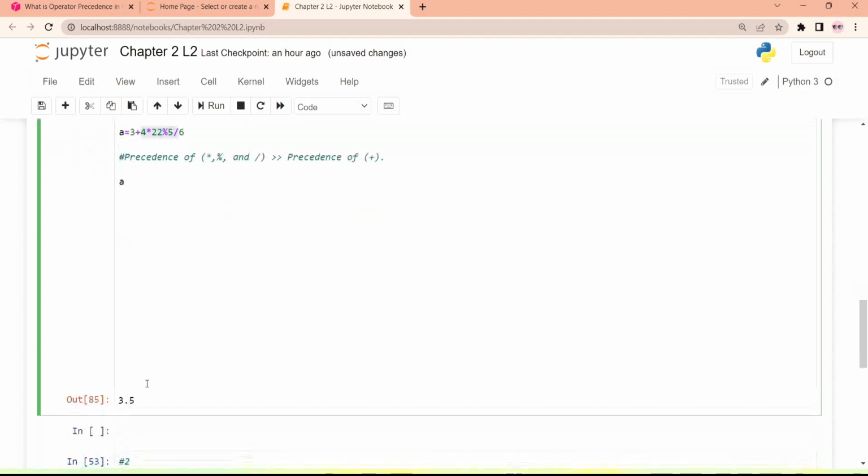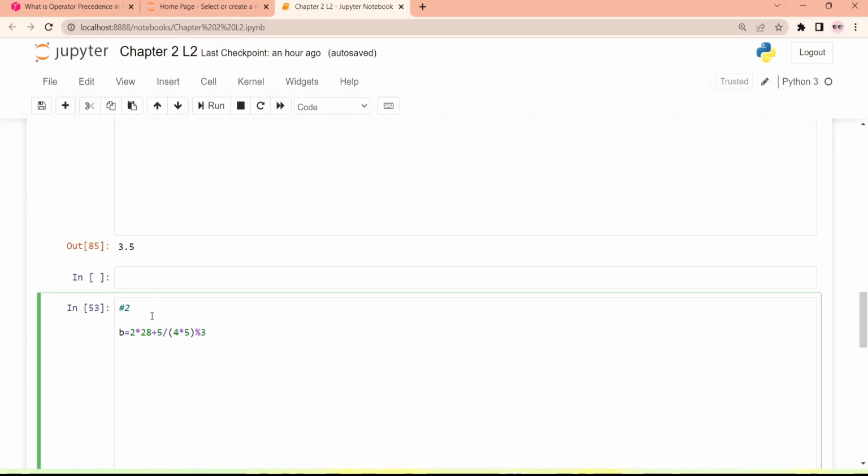Now let us go through the second problem. These are the operators we have: star, plus, divide, then parenthesis, star and modulo. One thing to observe is that star, divide, star and modulo have the same precedence level, so we have to evaluate from left to right, whereas parenthesis has the highest priority. First the evaluation takes place inside the parenthesis, 4 into 5, that is 20.